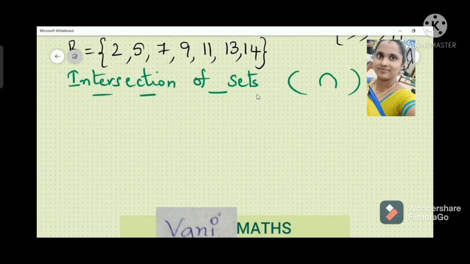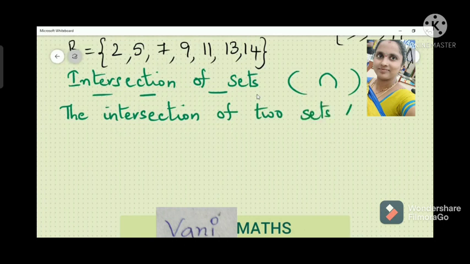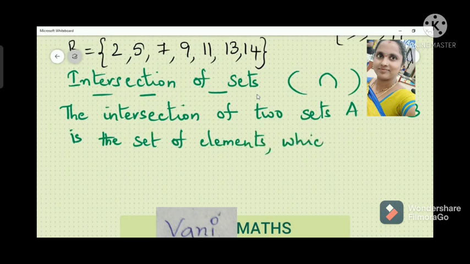The intersection of two sets A and B is the set of elements which are in both A and B.